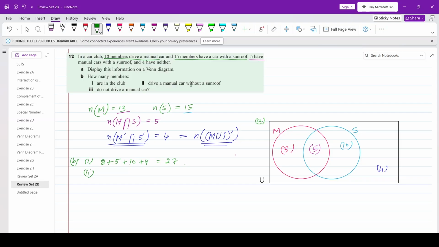Drive a manual car without a sunroof. This part is going to be subtracted. Therefore, 8 is the answer. Do not drive a manual car. So everything outside this region is going to be our answer. That is 10 plus 4, 14.